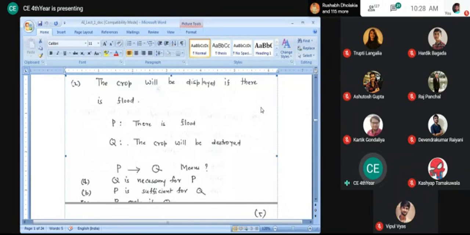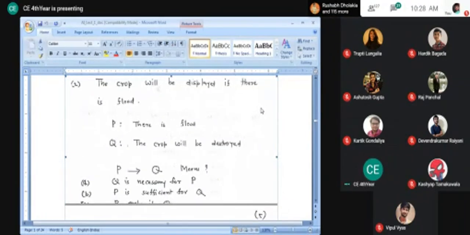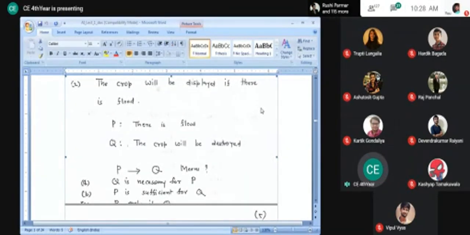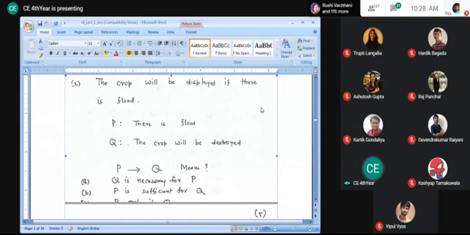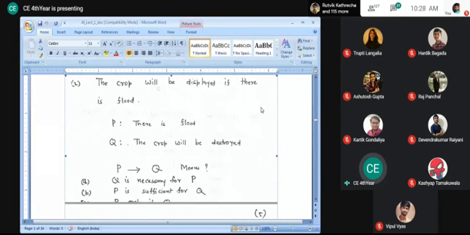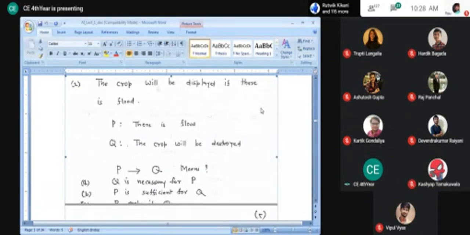Option A, which is visible: Q is necessary for P. Option B: P is sufficient for Q. The third option, which is partly visible: P only if Q. The fourth option, which is not visible to you: Q if P.